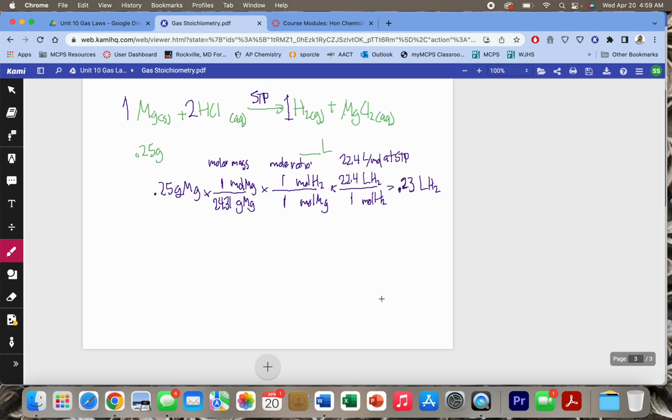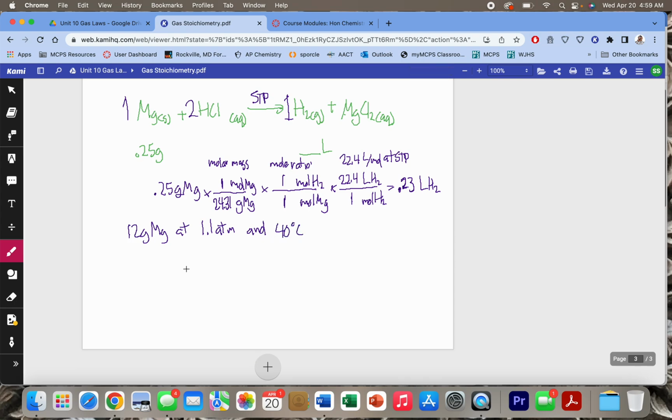Okay, so for something like this, suppose we have this same equation and we say we have, say, 12 grams of Mg at 1.1 atmospheres and, sorry about this, 40 degrees Celsius, right?